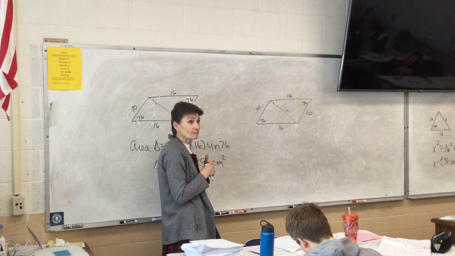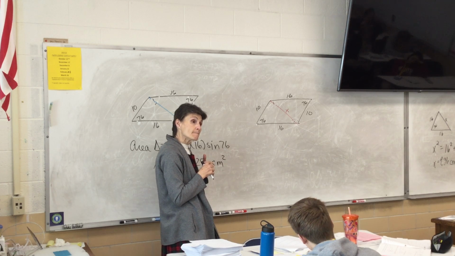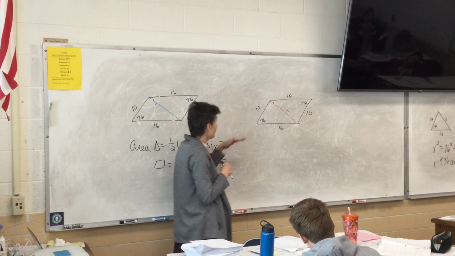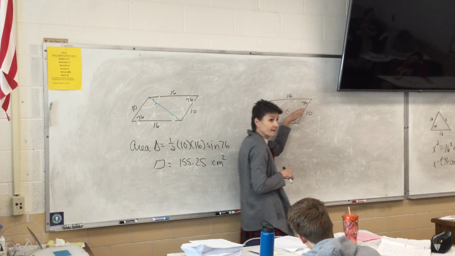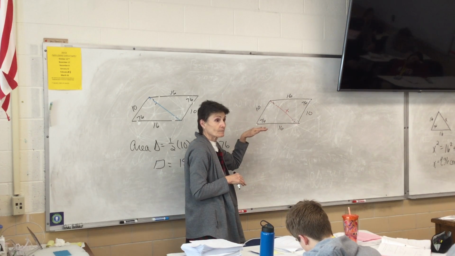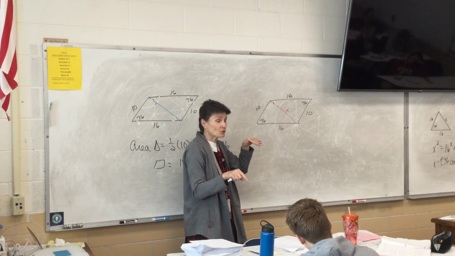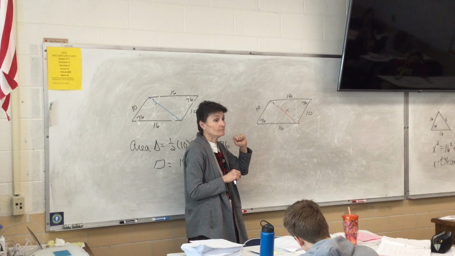Zach, would you get the same answer if you used angle 104? No, because if you used 104, you're going to be finding the long diagonal. You can use 104 to find the long diagonal, but the question is find the short diagonal.